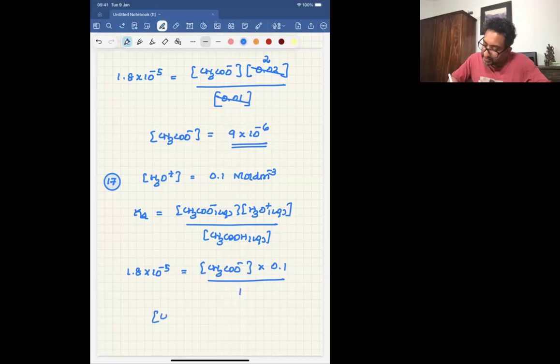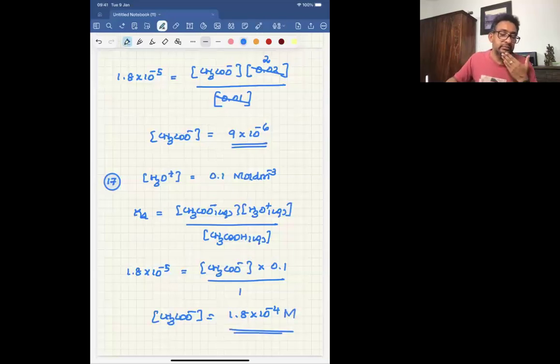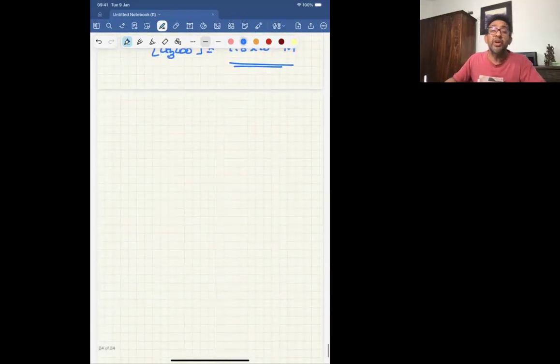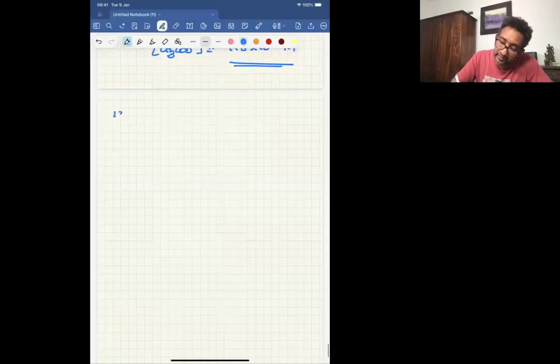So you get CH3COO⁻ as 1.8 divided by 0.1, which is 1.8 × 10^-4. That's all.